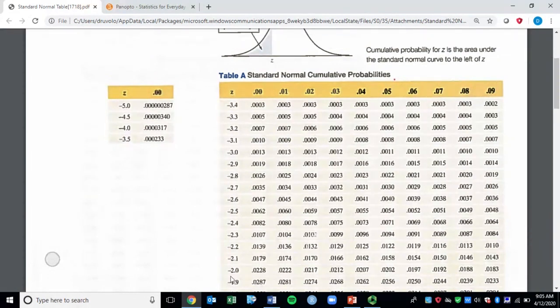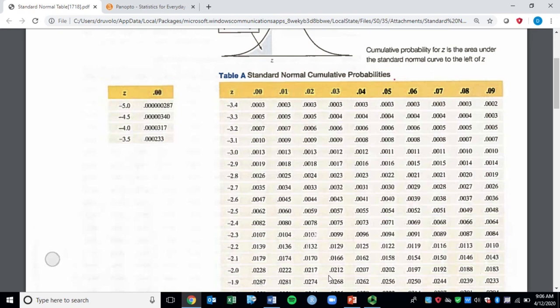So here's a, go ahead. So negative 2.03. What'd you get? 0.0212. Okay, just like we did before. I think that's what we looked up previously. Okay, when we started this looking at the table.